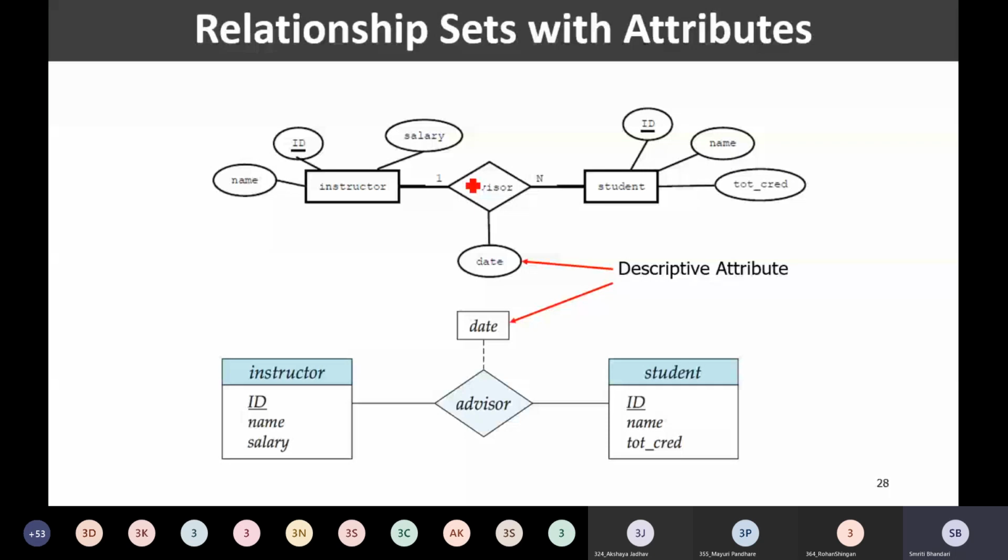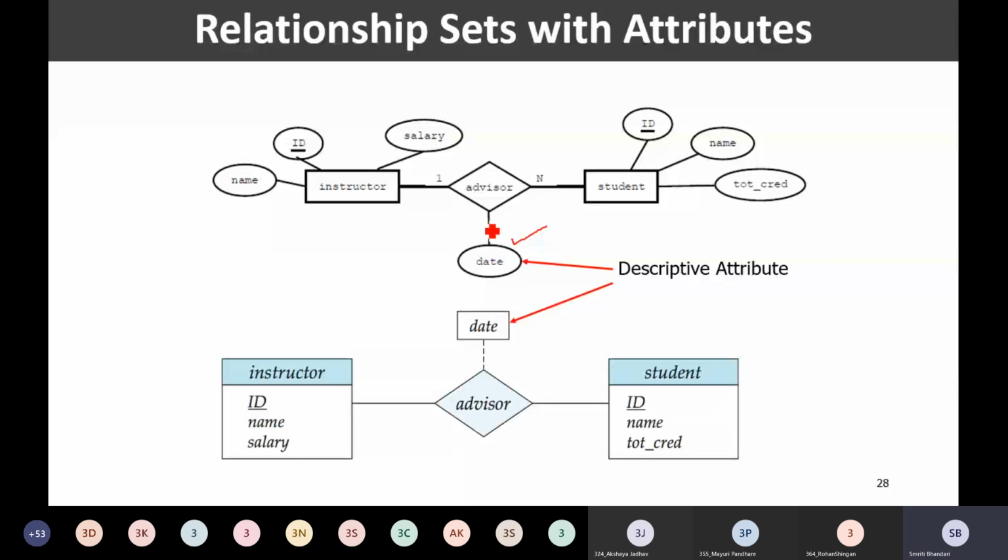But if the relationship set requires some additional information to store, then we may have attributes that can be linked with the relationship set. Say here we are having date as the attribute for the relationship set.